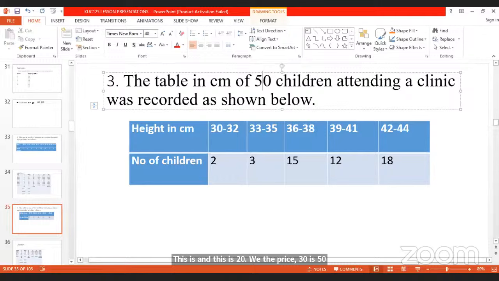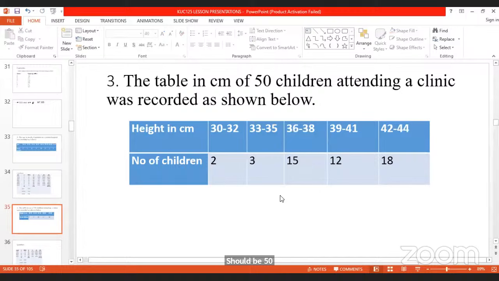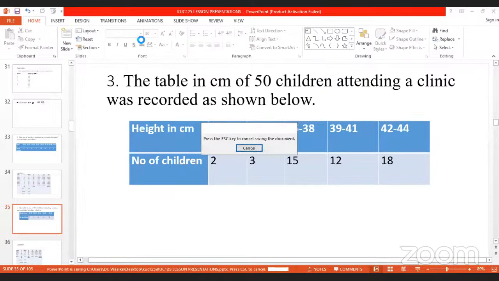It should be 50. It's 30, 45, 50. They are 50, not 60. I take note of that.